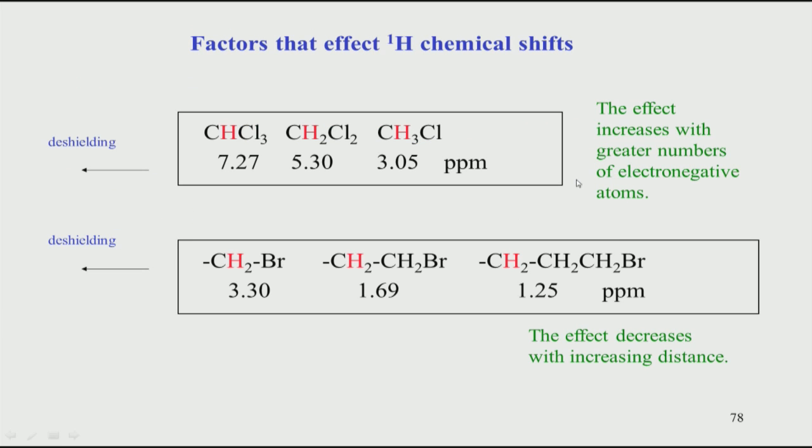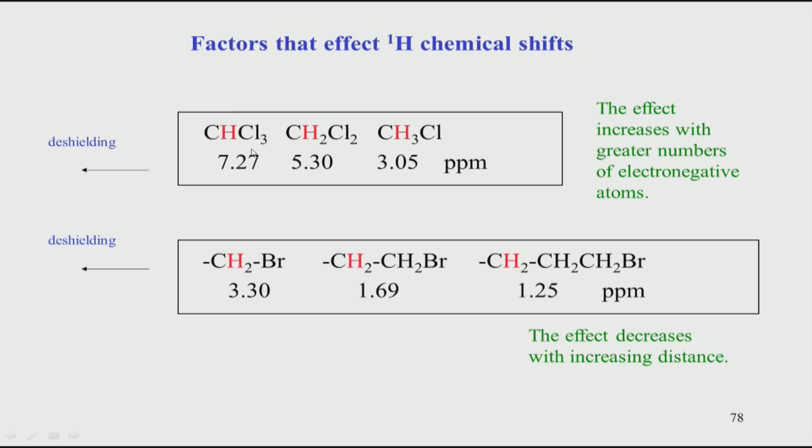Now let us look at a little bit more of the inductive effect. You can see here there are more chlorine atoms attached compared to methyl chloride. So, this is methyl chloride, methylene dichloride and chloroform. In chloroform there are 3 chlorine atoms. When you have 3 chlorine atoms, you expect more electronegative effect, because 3 are stronger in pulling electron density than 1 chlorine atom.